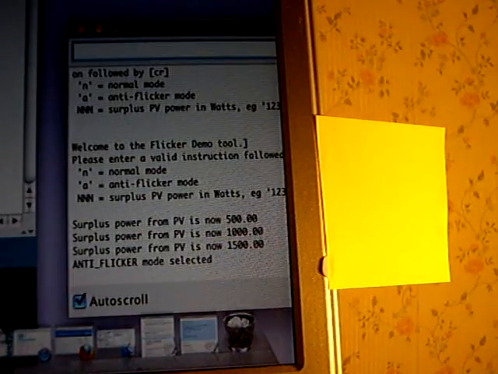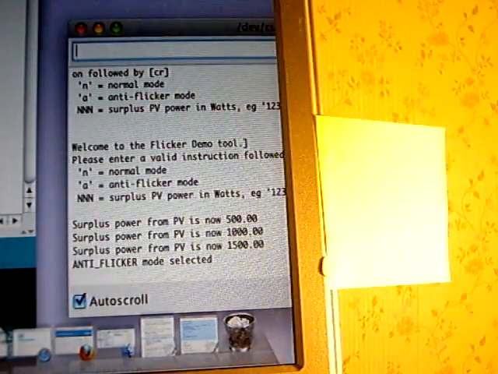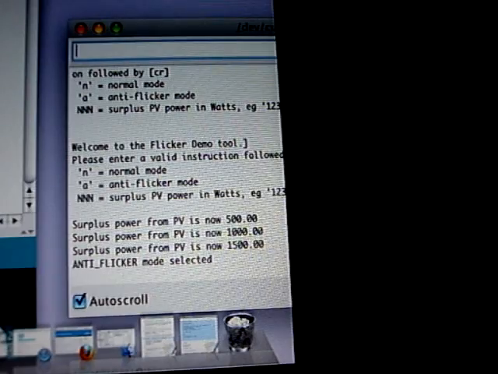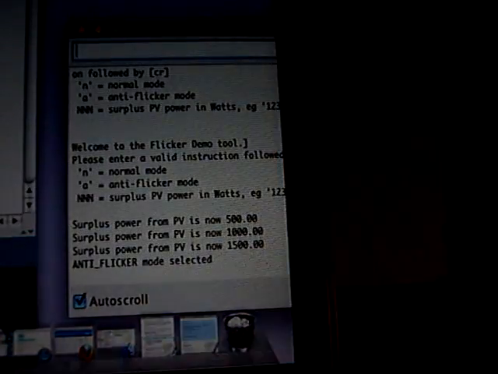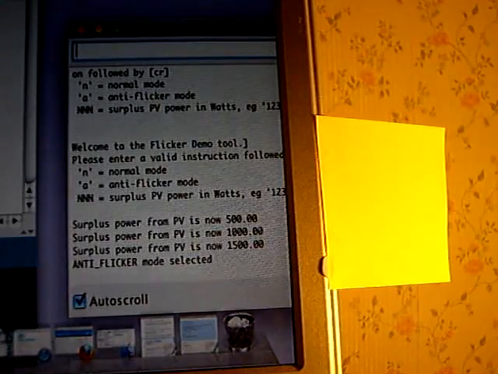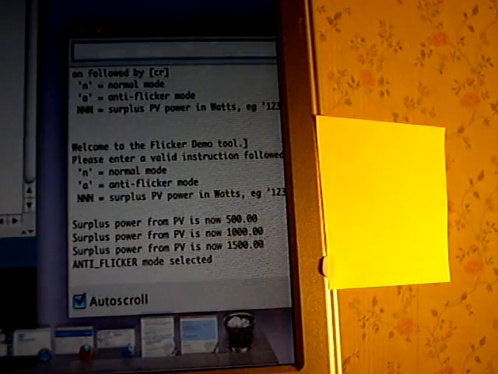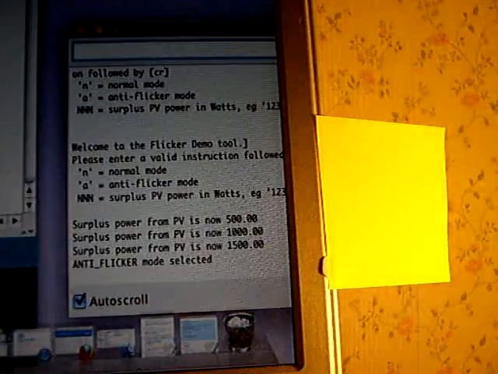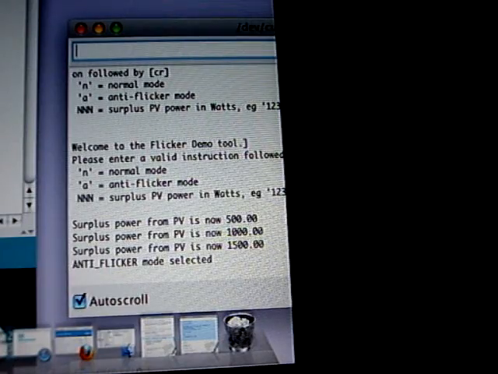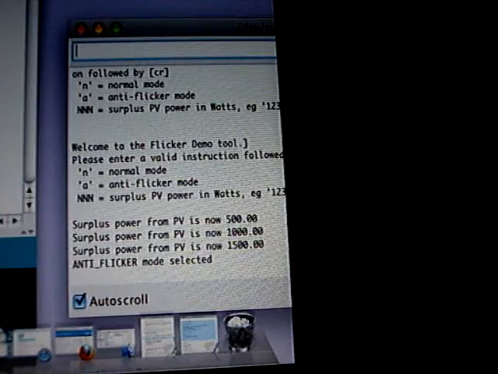And what anti-flicker mode does in this implementation, as we've talked about on the forum, is that it has two thresholds, one of which is at 80% of the way up the energy bucket, and one of which is at 20% of the way up the energy bucket. So the triac works on the basis of a hysteresis operation.